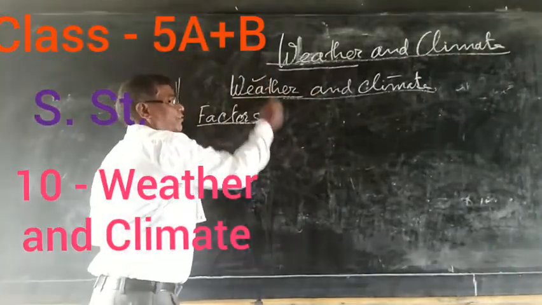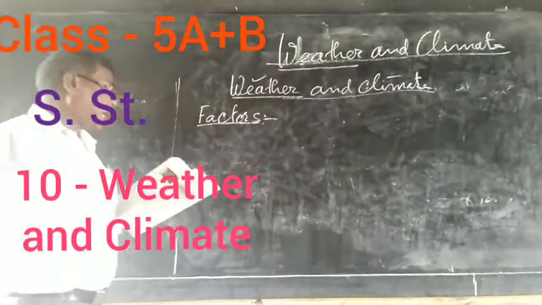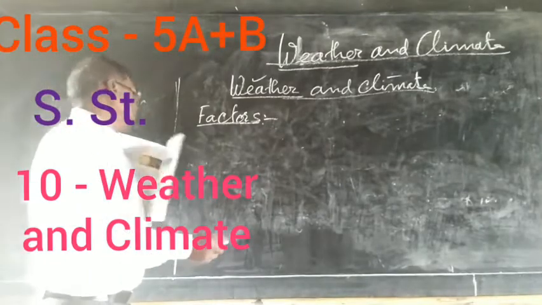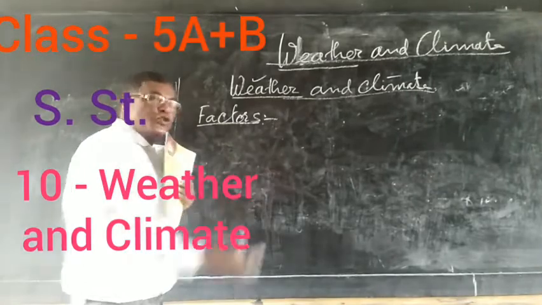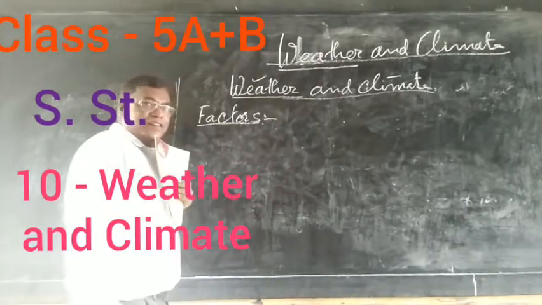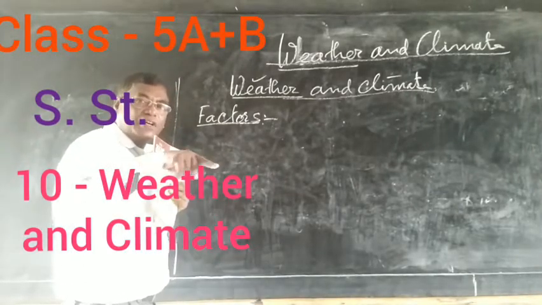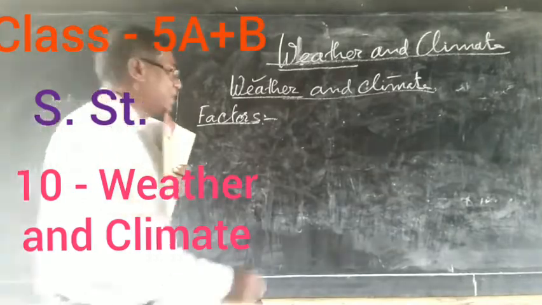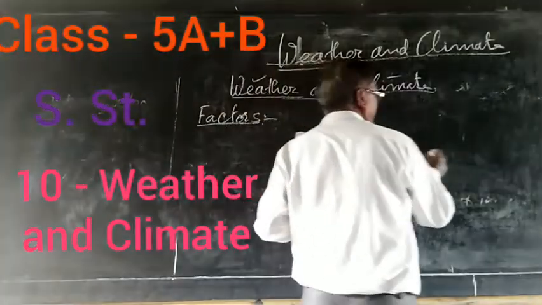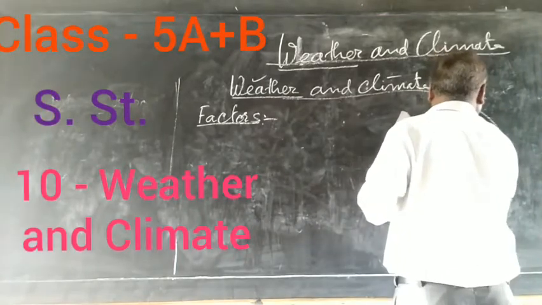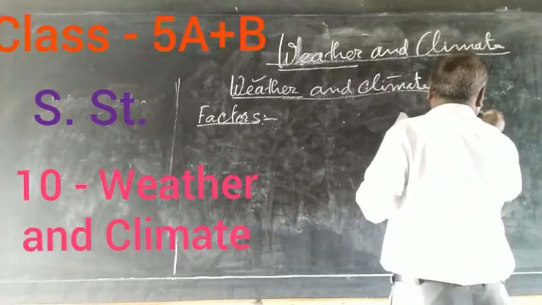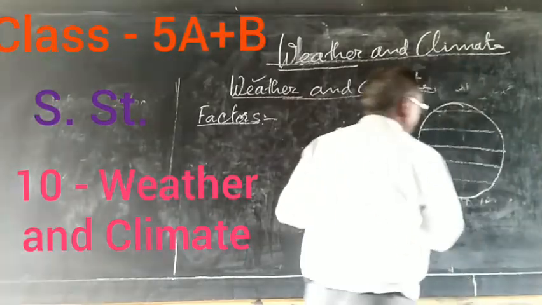Factors that affect the weather and the climate are, number one, the latitudinal distance. What is that? Here I will make a small diagram.